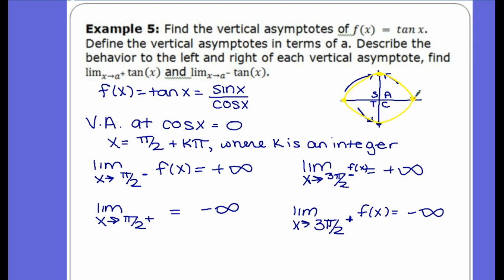Technically, this point right here is pi halves. So tangent is sine and cosine put together. Then technically when you're coming from the left, you're looking at both of these at pi halves as individuals.